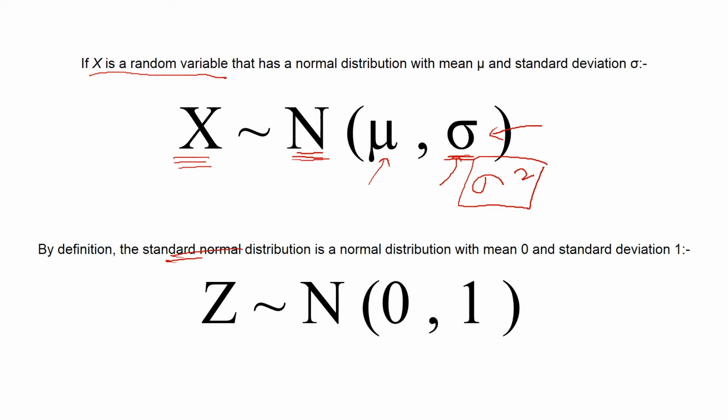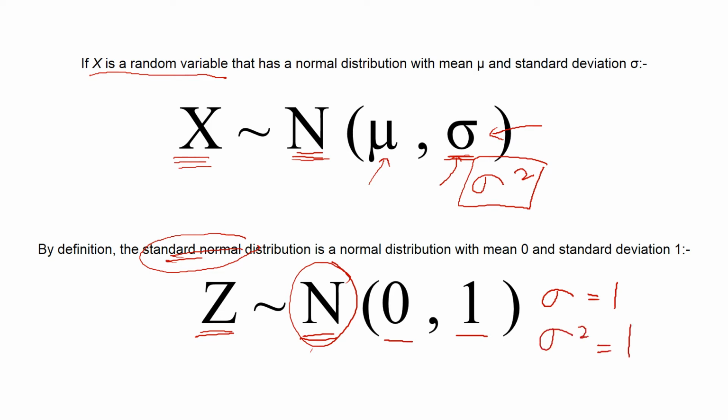We often represent random variables that have the standard normal distribution with the letter Z. If Z has a normal distribution, we might write this as Z is distributed normally with a mean of 0 and standard deviation of 1. And if the standard deviation is equal to 1, of course, sigma squared, the variance, is 1 as well.